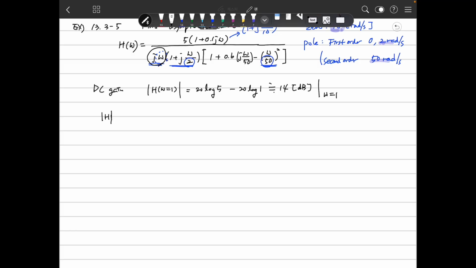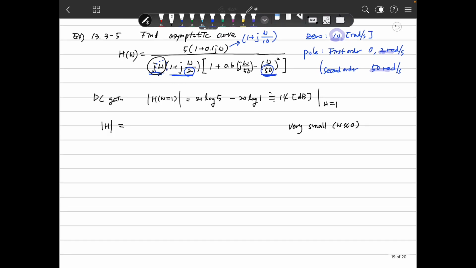At a very small frequency, make a very small zero right in here. Then what happens? That is 5. This is omega equal to 1, and this is 5 of that one here.